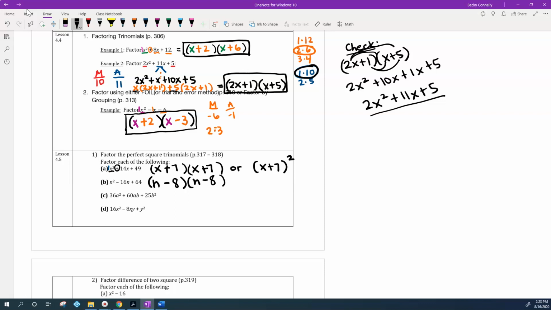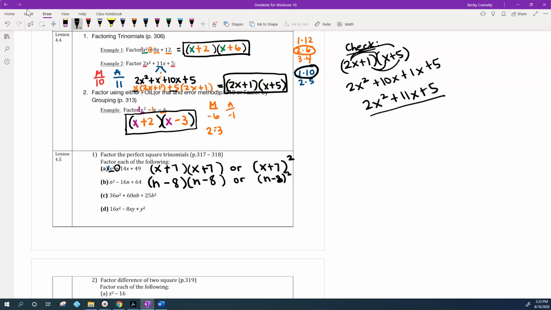Remember, negative 8 times negative 8 gives me a positive 64, but negative 8 plus negative 8 gives me that negative 16 in the middle. Or again, you could have written it down as n minus 8 all squared, quantity squared.